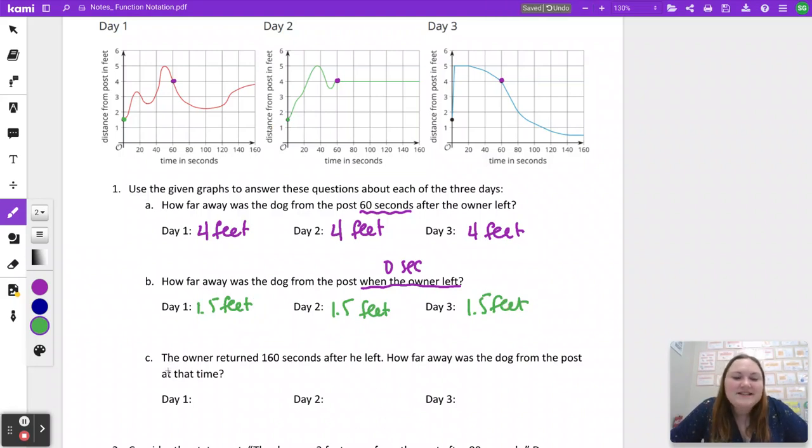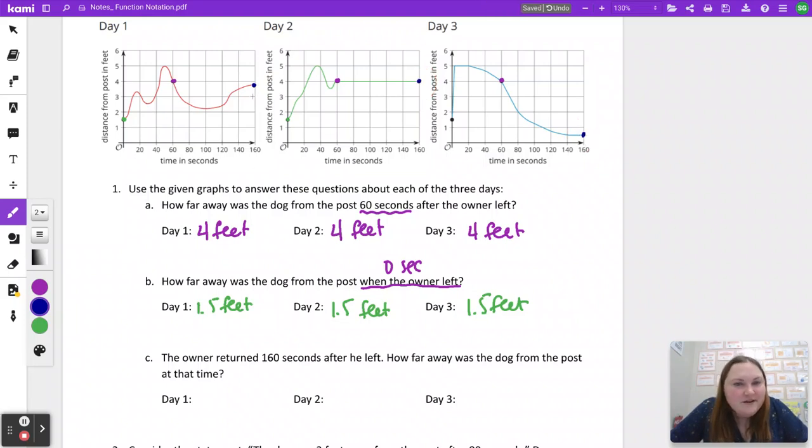That last question is asking about when the owner returned 160 seconds after he left. How far away was the dog from the post at that time? Looking at our graph, I'm going to go to the very end of my graph at 160 seconds. And just like all the others, I'm going to travel up to that red line and see where that line is. Now, this time, each of these points is going to be at a different number.